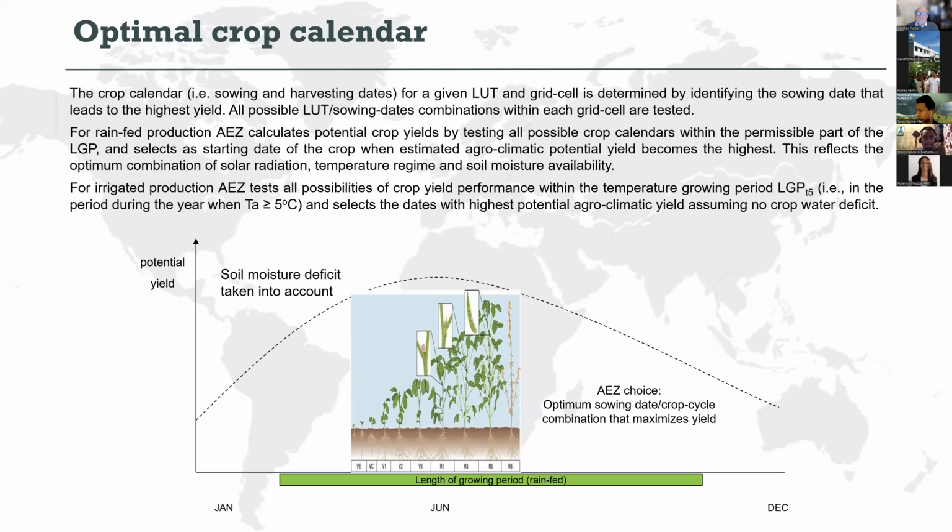And for rain-fed production, AEZ calculates potential crop yields by testing these possible crop calendars within the permissible part of the year of the LGP, and it selects a starting date of the crop when the estimated agroclimatic potential yield becomes the highest.